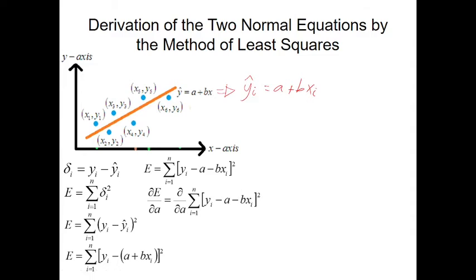Now, to minimize the value of E, so we apply derivative. We take the derivative of E with respect to a. So this is a lesson in calculus, a topic about maxima and minima.